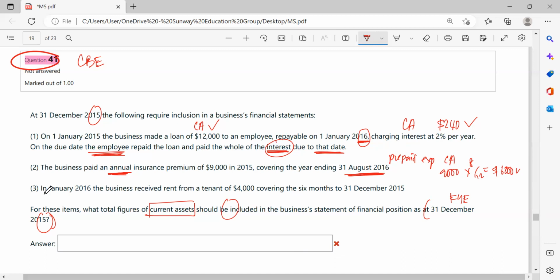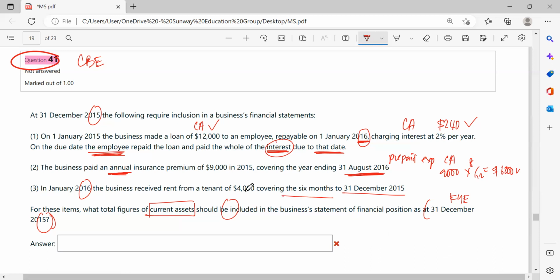Move on. In January 2016, next year, the business received rent from a tenant, 4,000, covering 6 months to 31st December 2015. Look carefully. The $4,000 by right, you're supposed to receive in this year. But your tenant did not pay you this year. Your tenant paid you only next year.